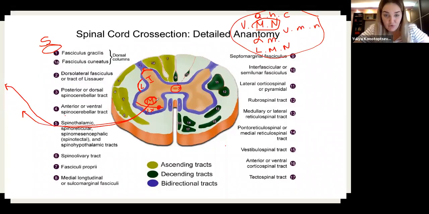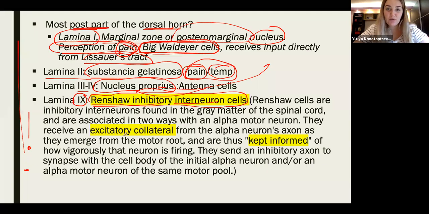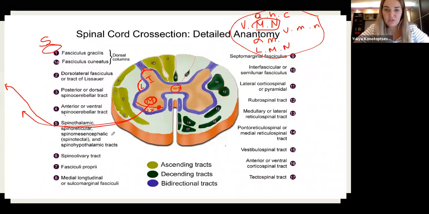But this motor neuron gives additional axon, additional one. We call it excitatory collateral, okay? So it gives additional axon, and this axon synapses with Renshaw inhibitory interneuron.